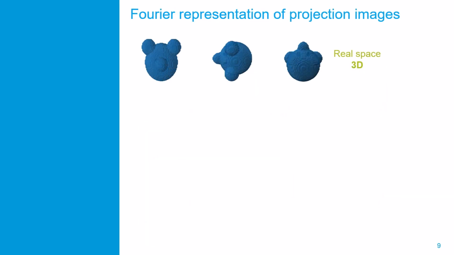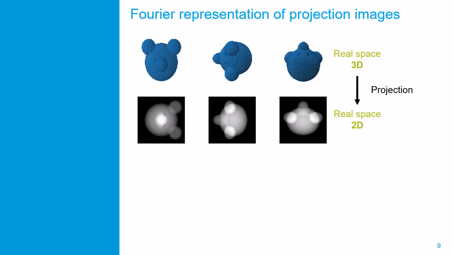Now, there is another way we can perform this reconstruction. Instead of doing ray propagation in real space, we can also represent our projection images in Fourier space. So if we're starting out with different orientations, again, of our teddy bear face in real space, we will get unique projection images from those. These are 2D representations of the 3D object in real space.